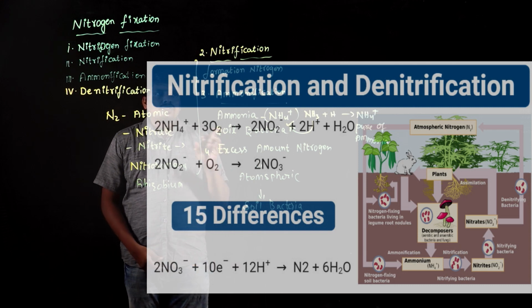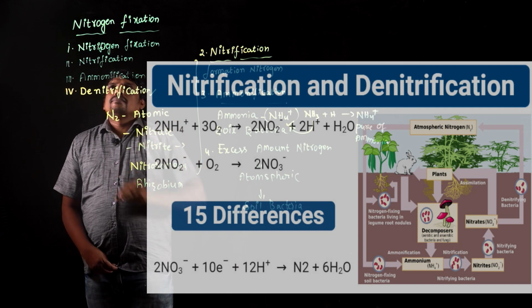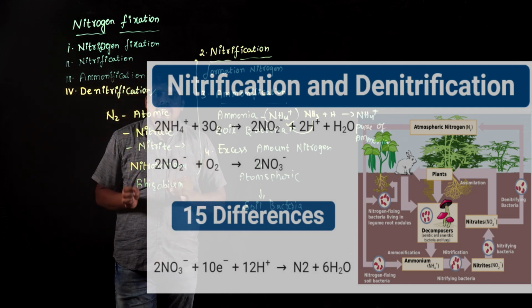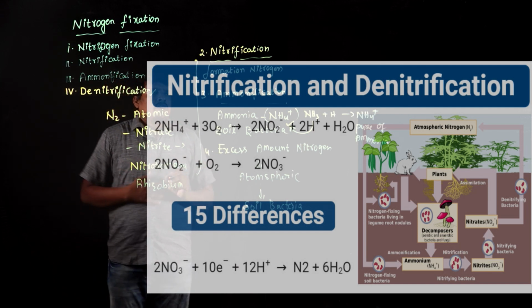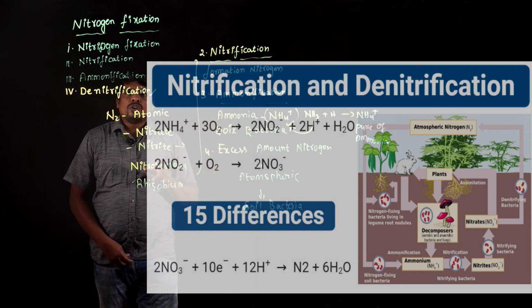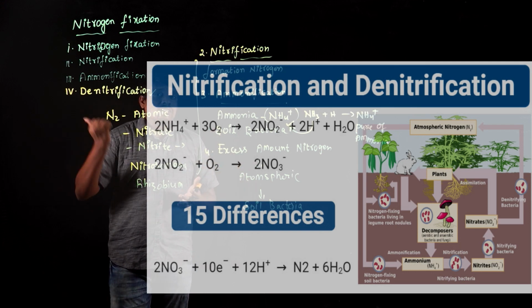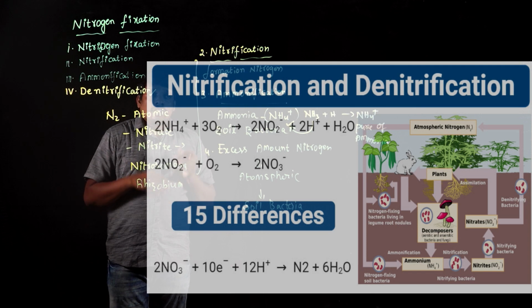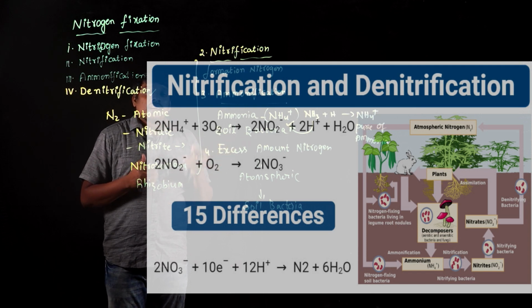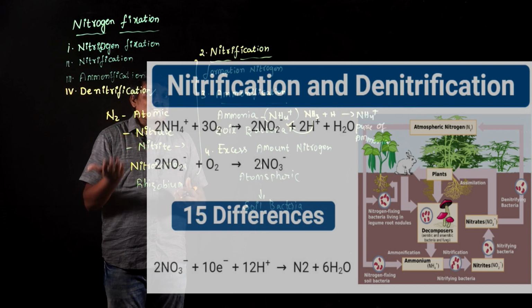Now let us see the fourth step, nitrogen fixation, which is an important step. So that's why I'm explaining here. If you see nitrification and denitrification, what is the difference between them? Nitrification involves conversion of gaseous nitrogen into crystalline form, whereas denitrification involves conversion of the crystalline nitrogen into gaseous nitrogen.